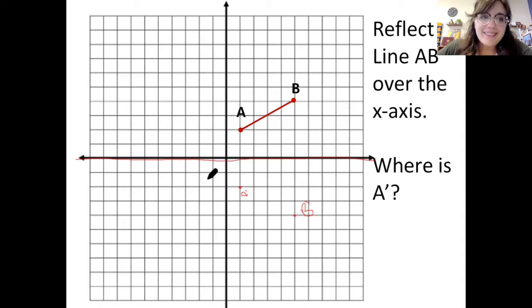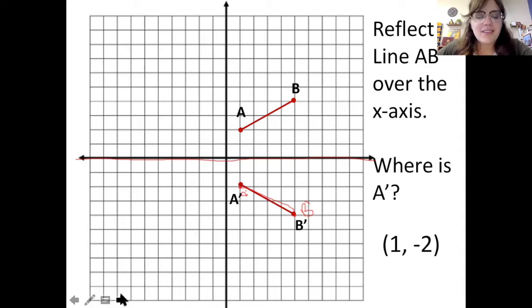I cannot write with my mouse, I'm sorry. So here I have my new line, yay. Let's see if I am correct. All right, there we are. Theirs is a lot prettier than mine, but A prime is at 1, -2. Our Y changed because we flipped it over the X axis.